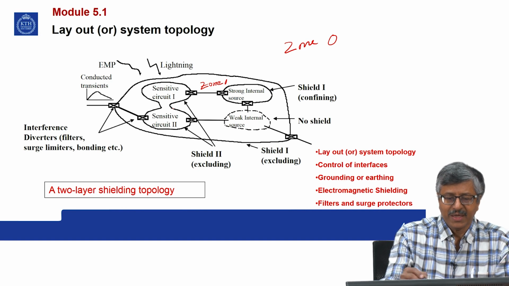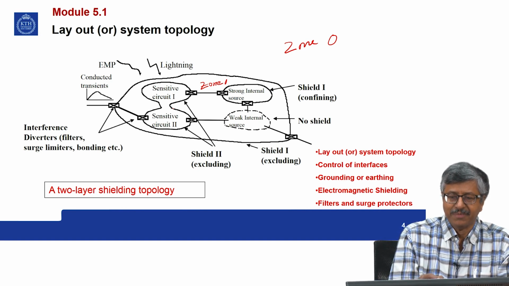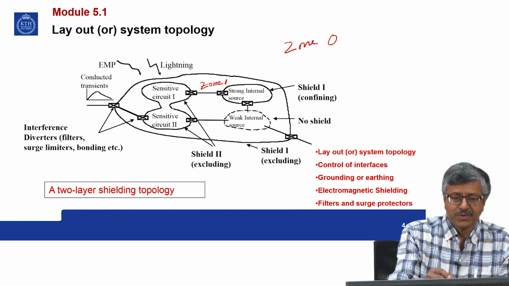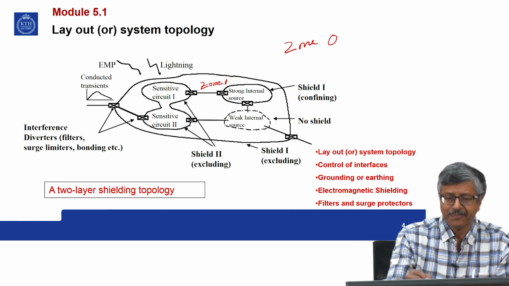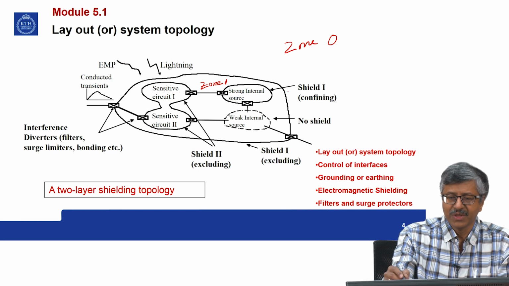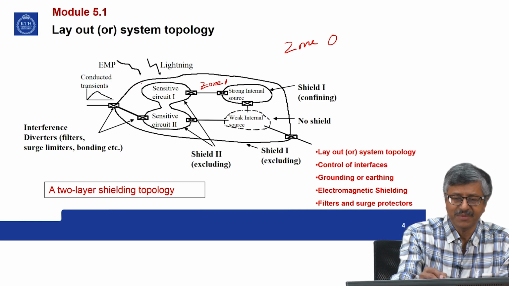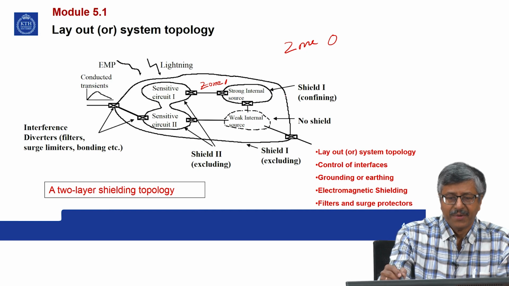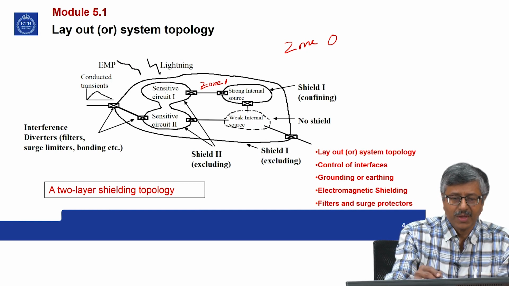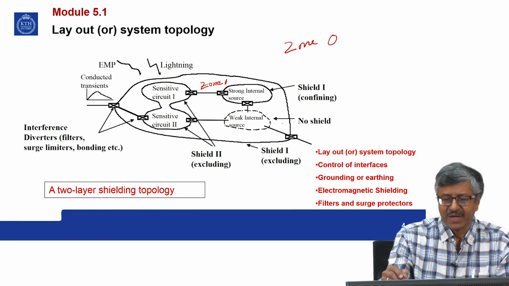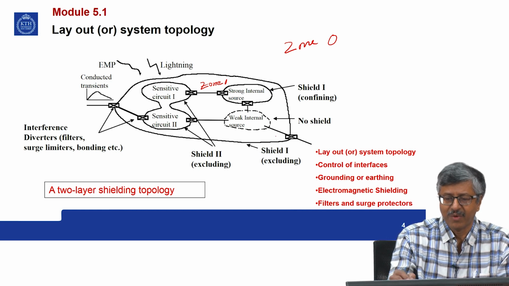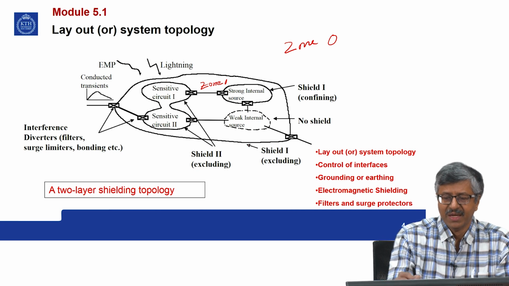So likewise, you can consider it. So here this is a boundary. This boundary can be protected by a shield, or some other kind of structure. So shield 1 can be excluding. Shield can be in the form of mesh, or it can be plates, metal plates or something like that, depending upon the cost and the purpose.